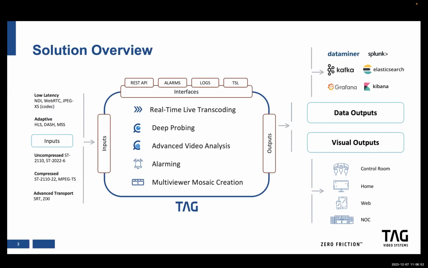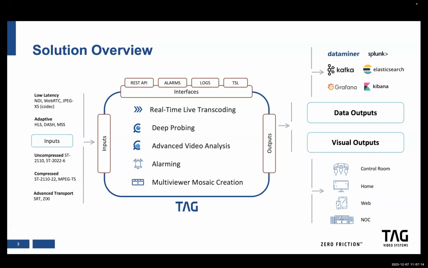So as I said, TAG does a lot more than just multiviewing. We're doing probing, we're doing video analysis, and TAG's applications are really built on top of an advanced video processing engine that supports a very wide range of formats and standards, and it can accommodate all kinds of media workflows in a single product.